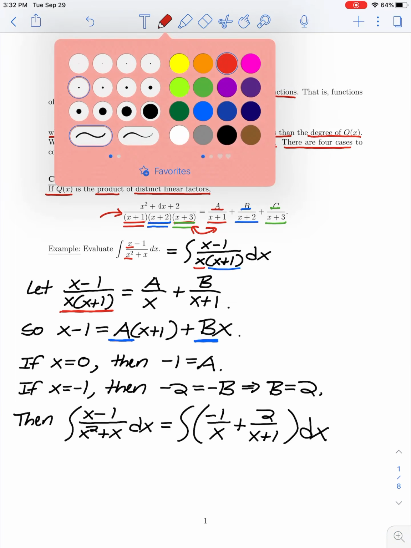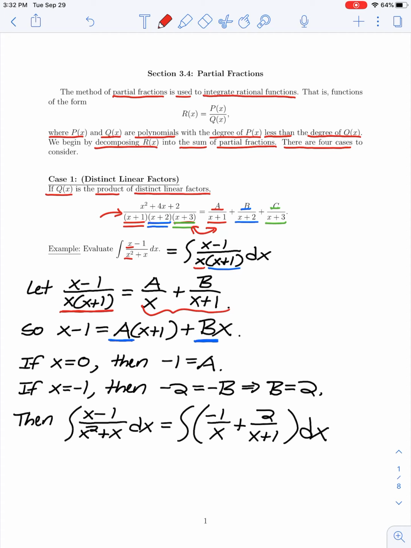So we're taking this decomposition that we found, substituting in the specific values for a and b, and rewriting our integrand as a sum of these smaller partial fractions.